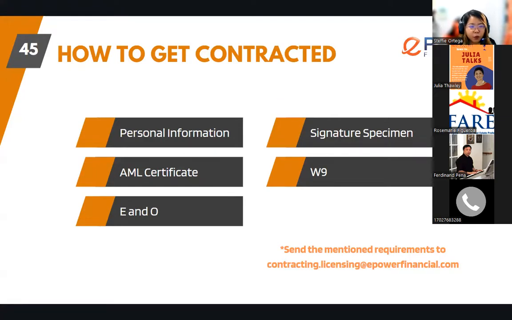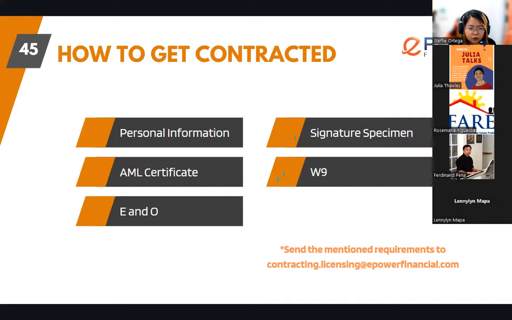You can get the paperwork from me, but if you want assistance, the requirements I'll ask for are your personal information, which is very important, your AML certificate, your E&O, your signature specimen on a white piece of paper, so that it's easier for me to extract, and your W-9, because these are the requirements that the carriers are asking for to get you contracted.